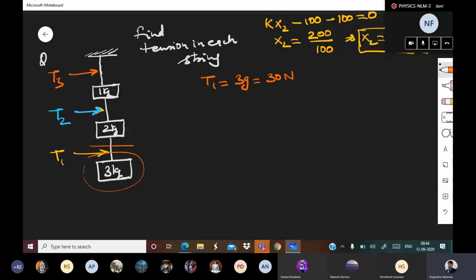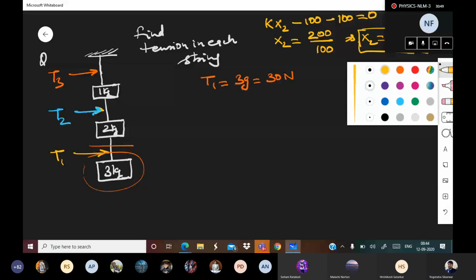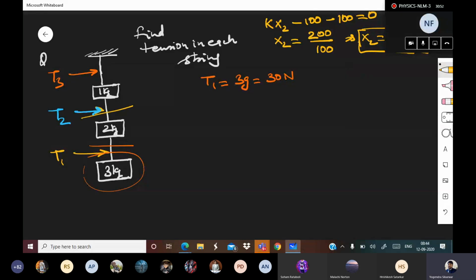Similarly, if I cut this string from here, then these two blocks will fall, and T2 will be caused by these two blocks. T2 will be 3 plus 2, 5g, which is equal to 50 Newton.